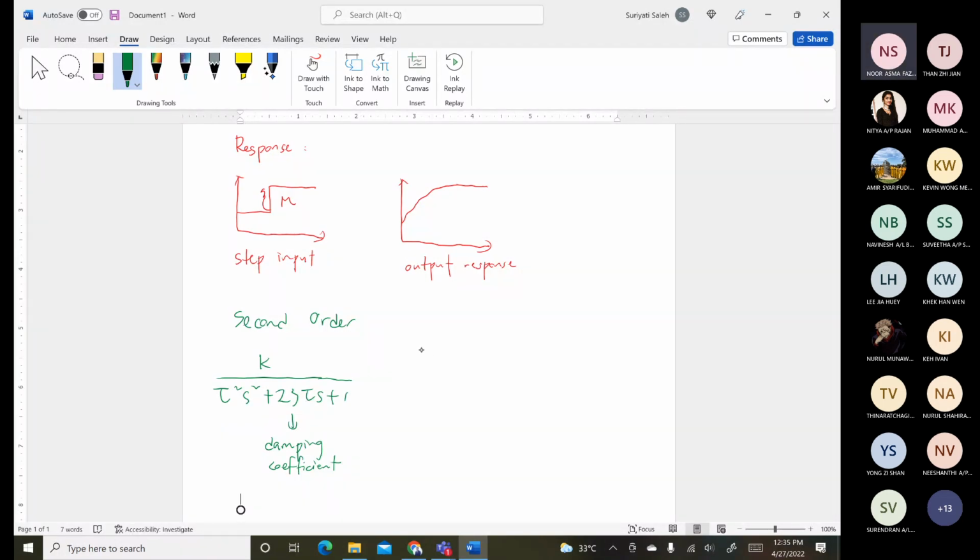When you have the damping greater than 1, it is overdamped. Damping equal to 1, you will have the critically damped. And lastly, the damping less than 1, between 0 and 1, this is what we call underdamped.